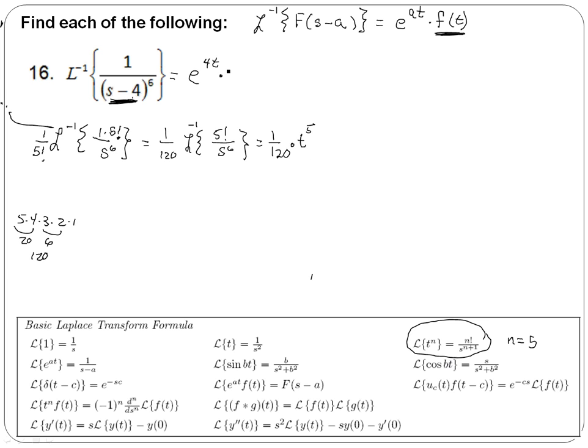And that comes up here and gets multiplied by the e to the 4t. So times 1 over 120 t to the 5th. And that probably looks better if you put the 1 over 120 t to the 5th in front of the exponential function.